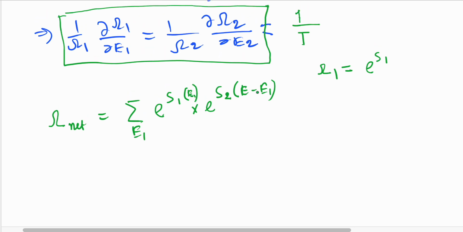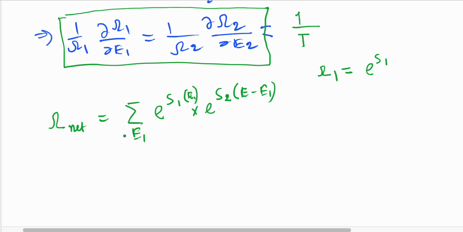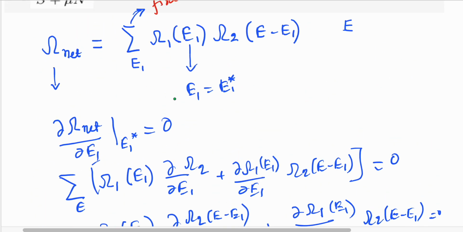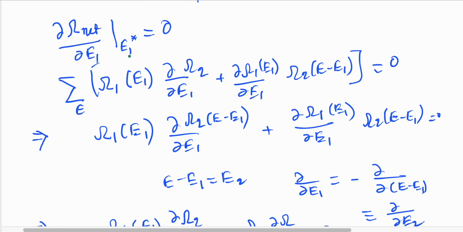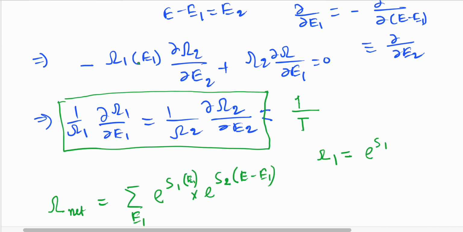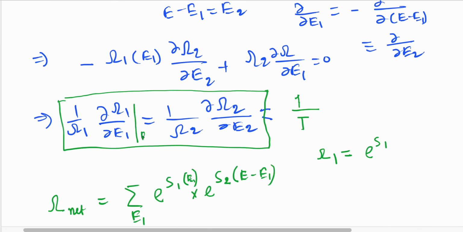Now we know that the maximum contribution of the summation will come from the maximum value of this entropy, when this macrostate will be maximum. So the macrostate will be maximum at E1 equal to E1 star, where this relation holds.